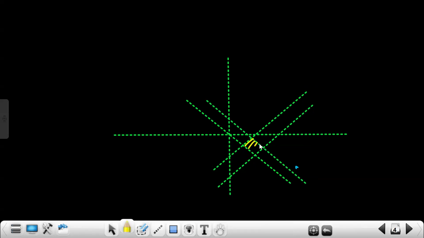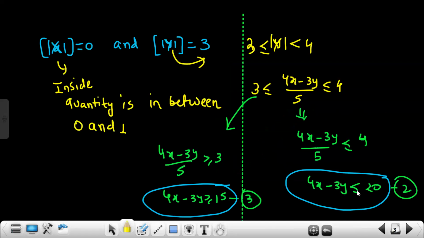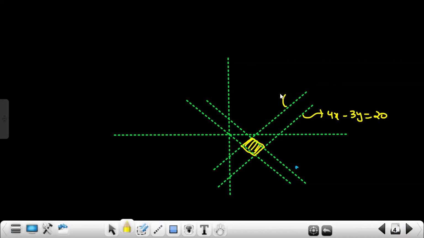This is a square. Now, how did we get all these things? We will see. Here, this line is 4x minus 3y equal to 20. We remove the equalities and the greater than and less than signs, and we try to solve the equations. And this line is 4x minus 3y equal to 15.